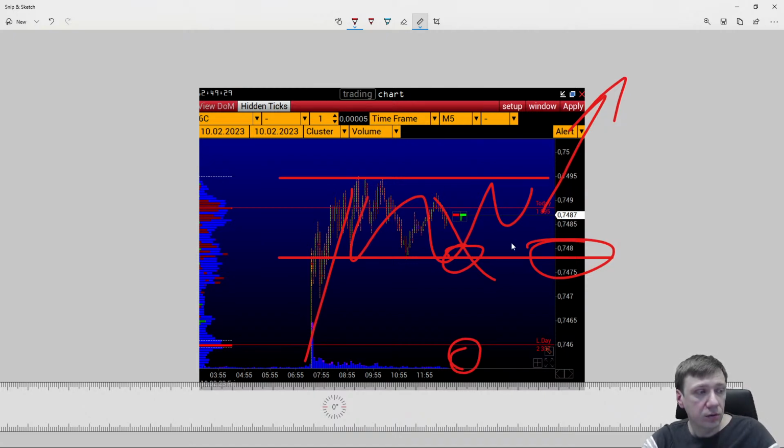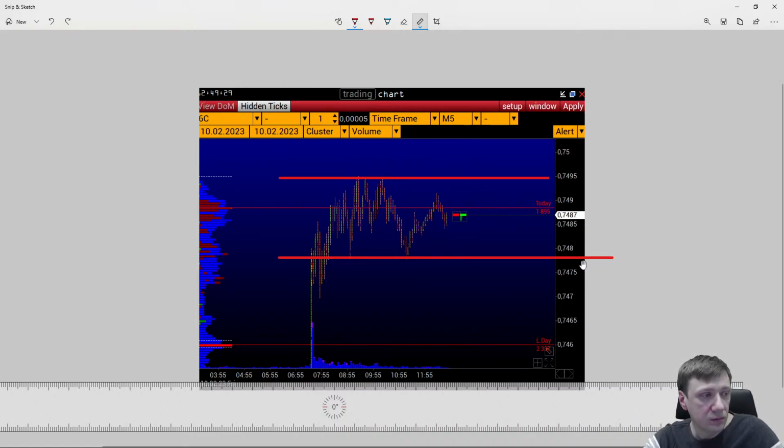But we need a confirmation, because the highs are going lower, and depending on which point price will approach the level, we can make a decision to open a trade here or not.